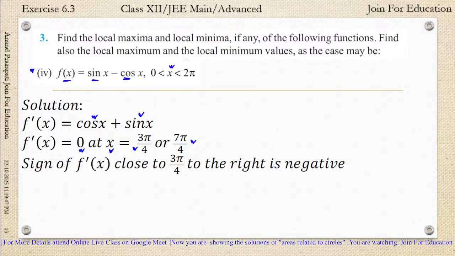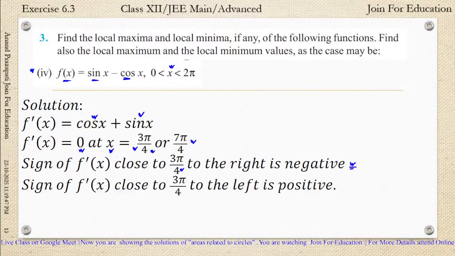Sign of f dash x close to 3 pi by 4 to the right is negative. Sign of f dash x close to 3 pi by 4 to the left is positive.